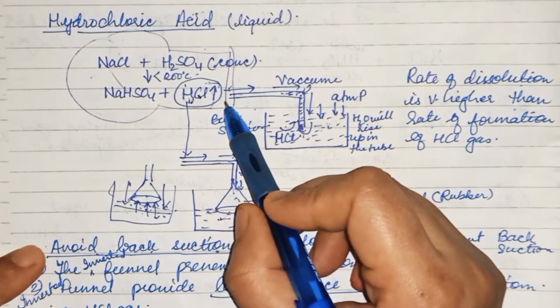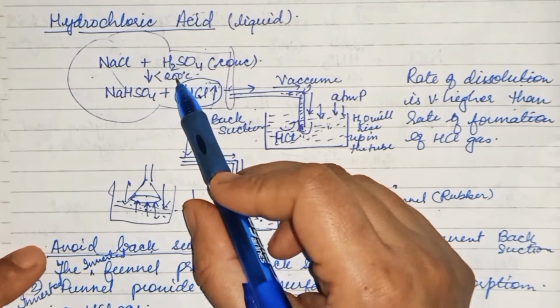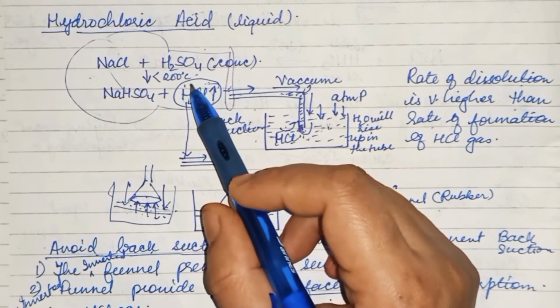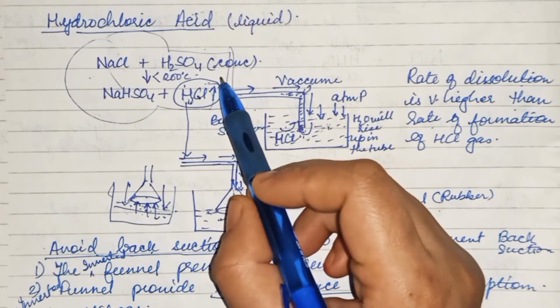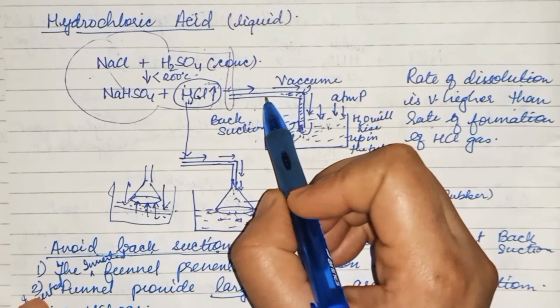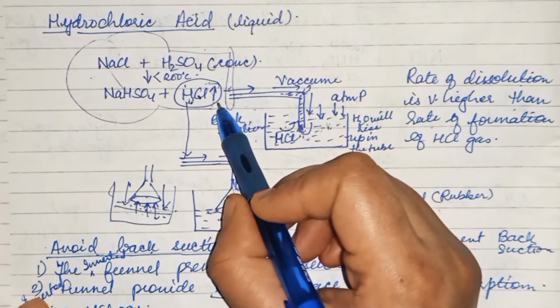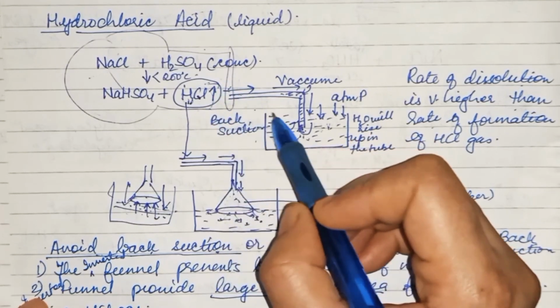This may damage the apparatus because the temperature is high, below 200. So this apparatus is hot, and if water or any drop of the mixture of HCl and water gets inside this apparatus, it will get damaged.